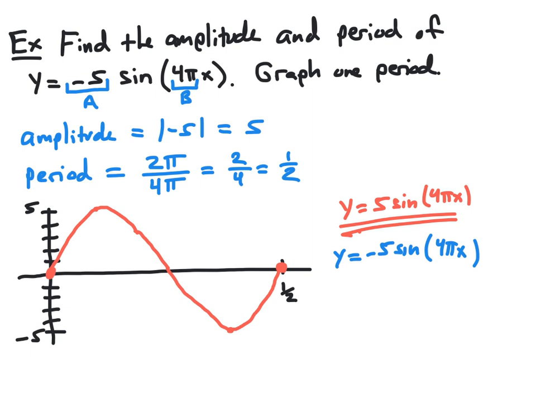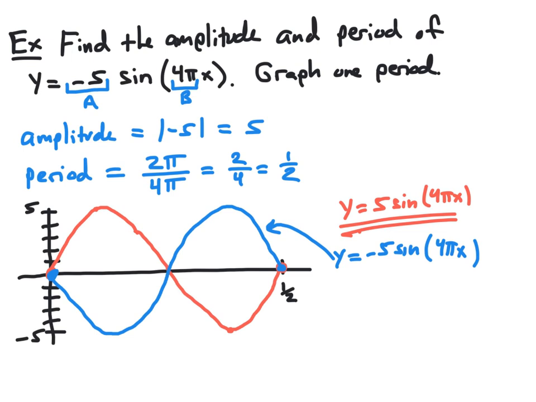And so here I simply need to reflect this red graph across the x-axis. This means the graph is going to first go down, hit its minimum value, return to the x-axis, go up to hit its max value, and then return again to the x-axis. And so the blue graph here is the graph that we were looking for. But we obtained it by starting with the red graph and reflecting it across the x-axis.